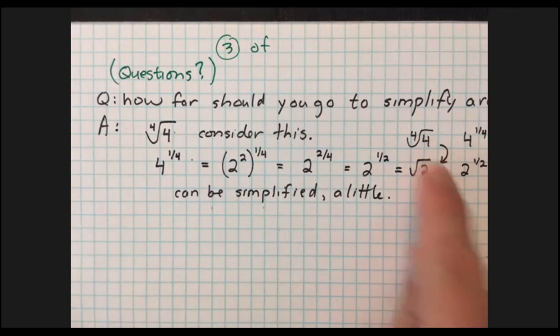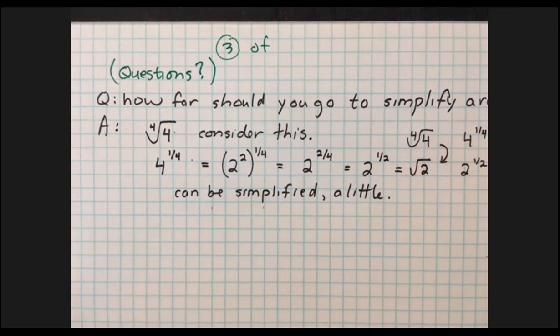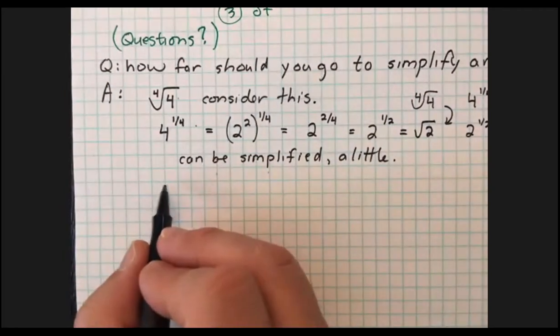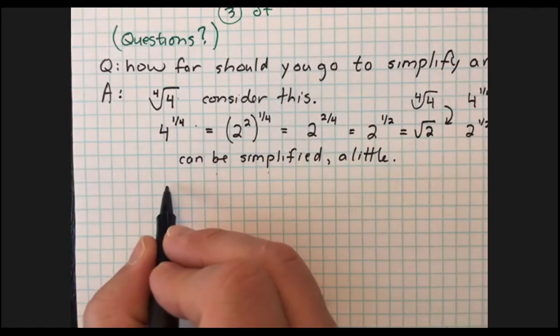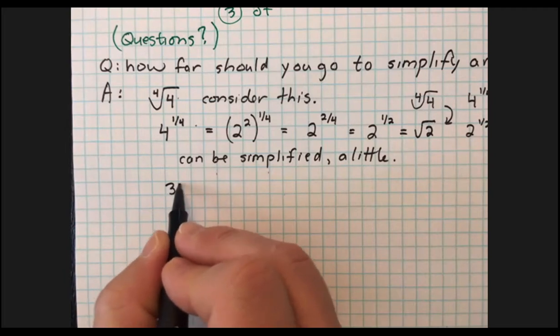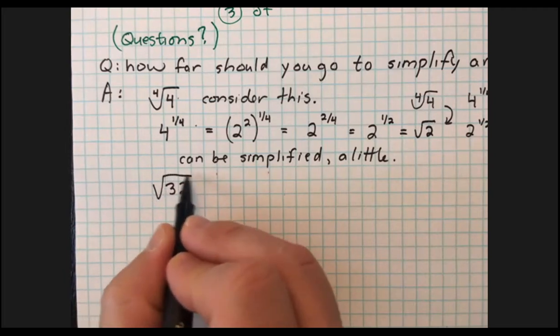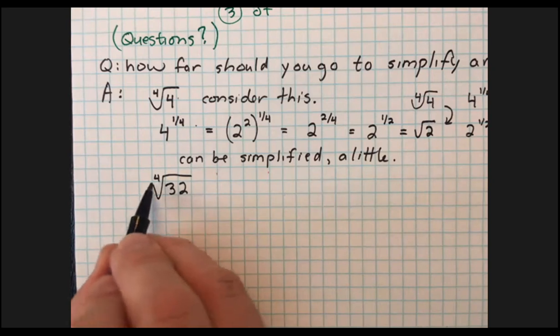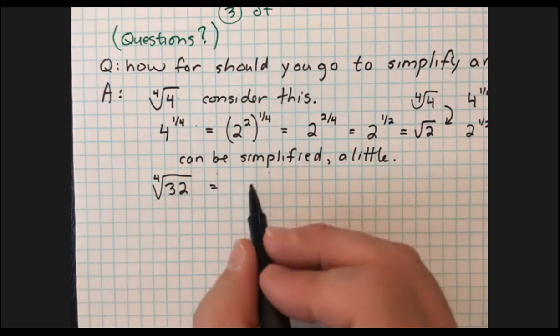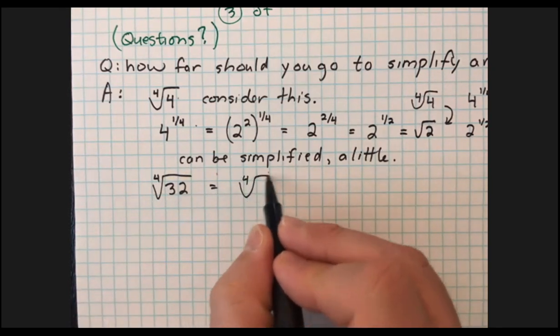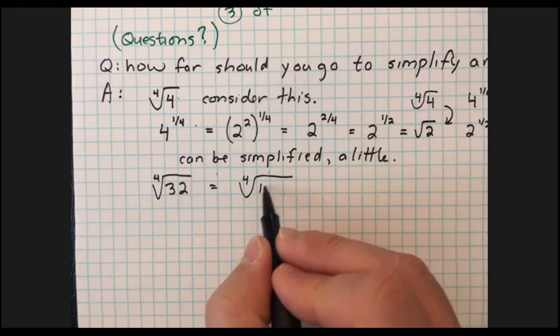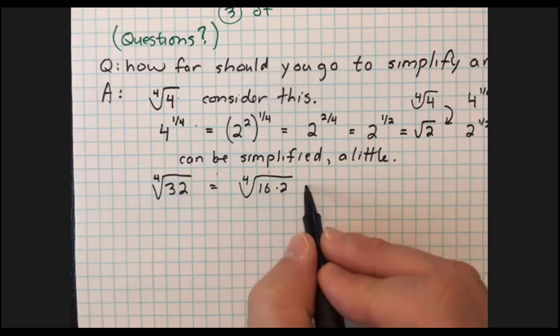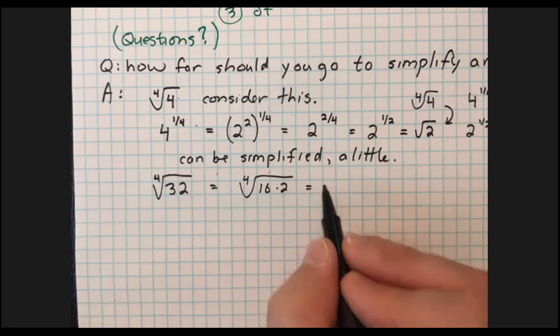But you definitely should always look for perfect powers and things like that. I'll illustrate this on Desmos in a second. Now, that would not excuse you from a situation like this. What if I had the fourth root of 32? Well, then you should understand that there is a perfect fourth power right there, 16.